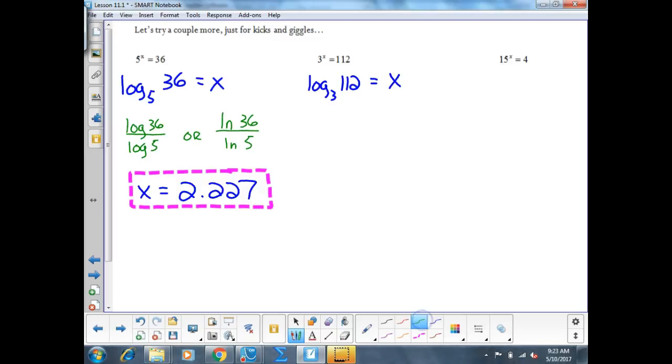So then we said that's going to be log of 112 divided by log of 3, or the natural log of 112 divided by the natural log of 3, and that gives me x equals 4.295. Do we all agree with x equals 4.295?